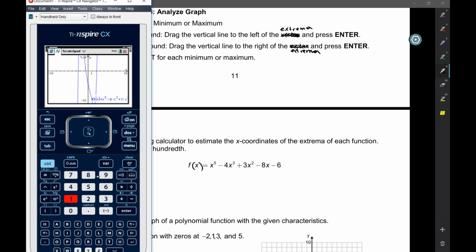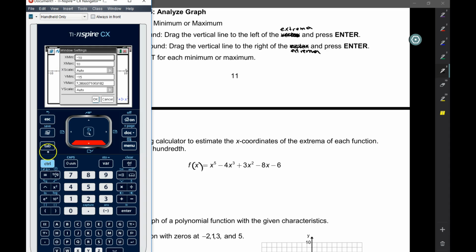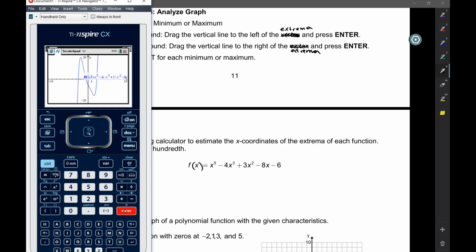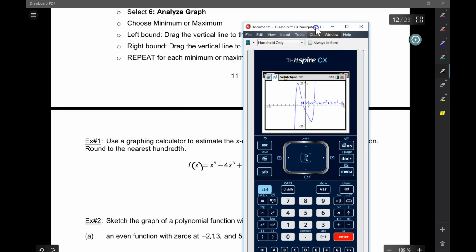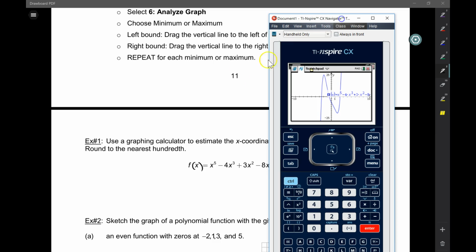Look, that's not even enough, so I've got to go more. So maybe let's do negative 25. After you go to window, where do you go? 1 for window settings. Oh, that's good. Oh, look at that. Pretty. Negative 25 and positive 25.